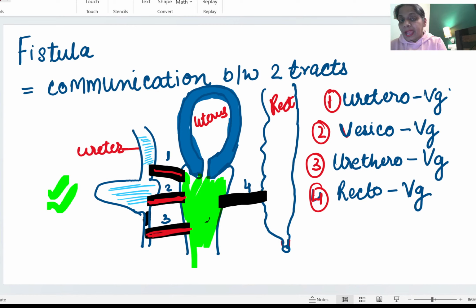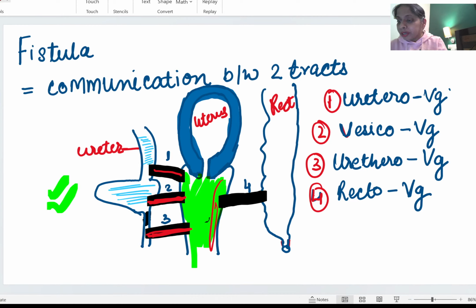So basically we have these three fistulas in our syllabus, the communication between the urinary tract and the vagina. The upper communication is known as ureterovaginal fistula. The lower communication just below it is vesicovaginal fistula. And the third communication is the urethrovaginal fistula.